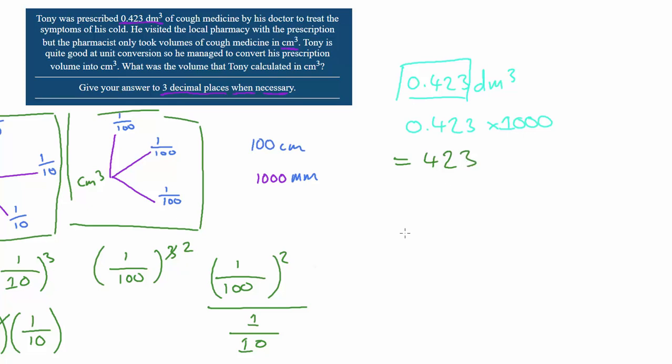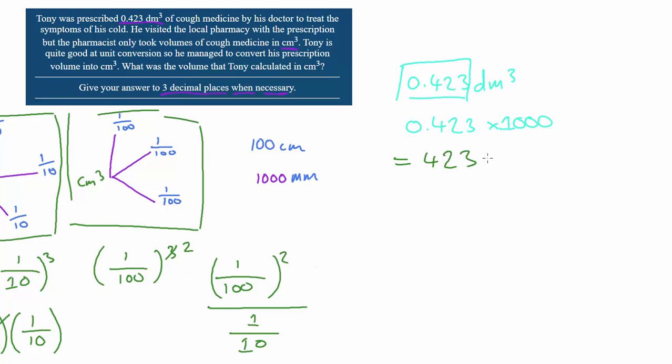And is that our answer? Well, we've been asked to give our answer to 3 decimal places when necessary. In this particular case, it's not necessary. Clearly, there's not even any decimals. So all we need to really do at this point is to make sure we assign the units with our answer to give it the proper meaning.